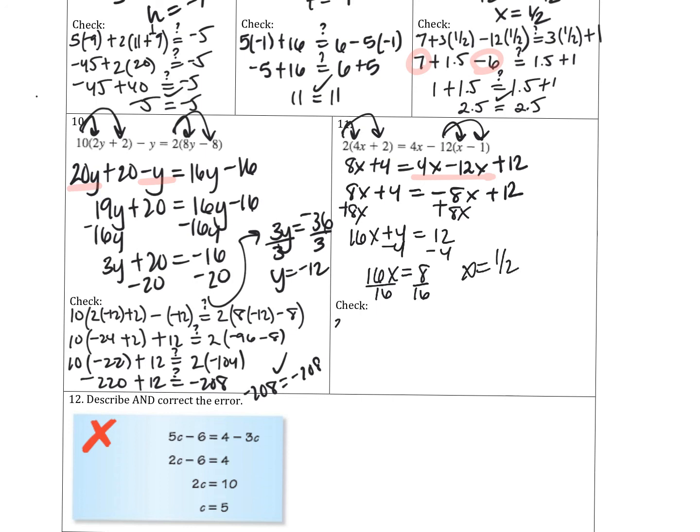Let's check. 2 times 4 times 1/2 plus 2 is equal to 4 times 1/2 minus 12 times 1/2 minus 1.